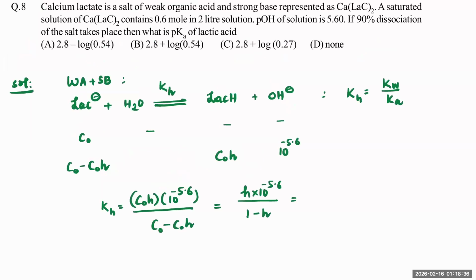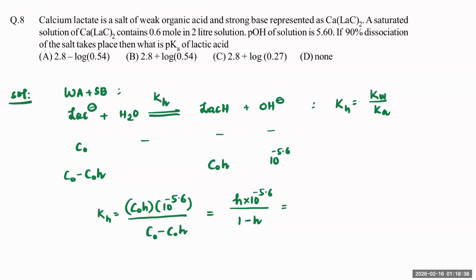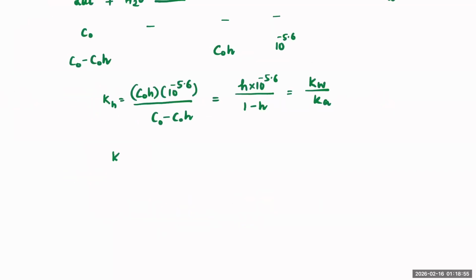So that is equal to Kw by Ka. We need to calculate the pK value here; h value is already given to us. So I can write Ka is equal to Kw into 1 minus h by h into 1 by 10 raised to power of minus 5.6, or 10 raised to power of 5.6.